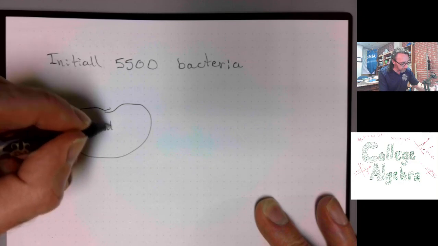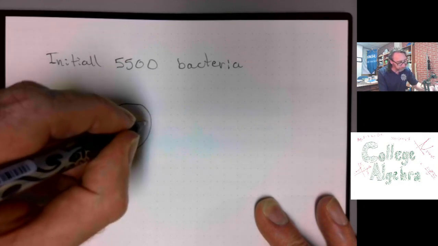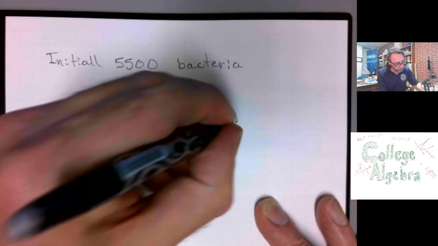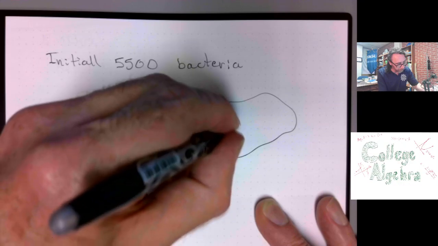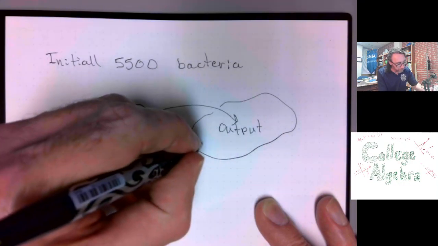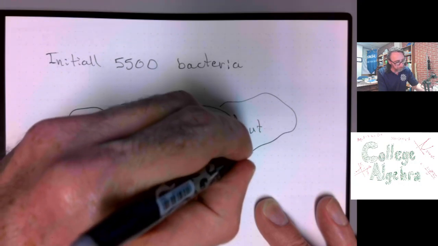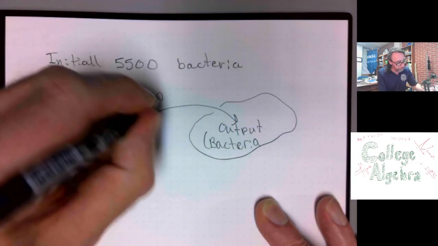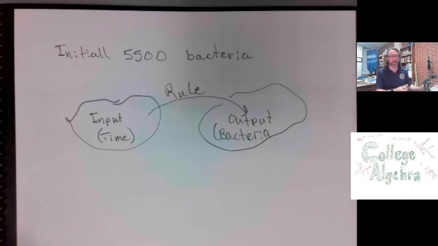It's going to take an input value, which will be a time in this case, and then we're going to have some kind of rule for measuring the output variable, which is going to be the number of bacteria in the petri dish. And that's what we want to come up with.